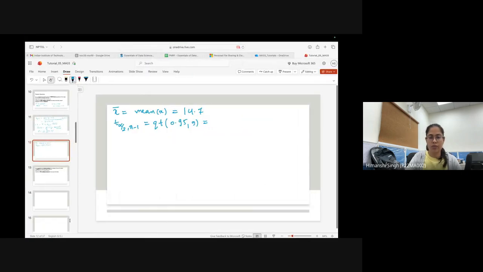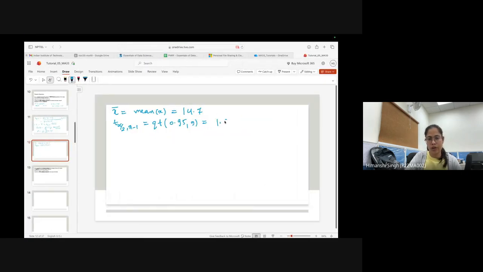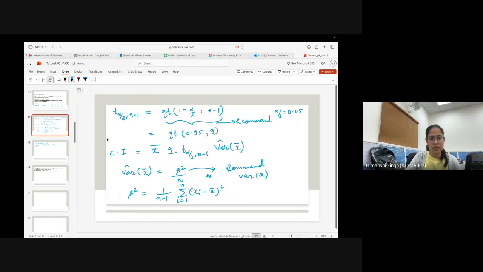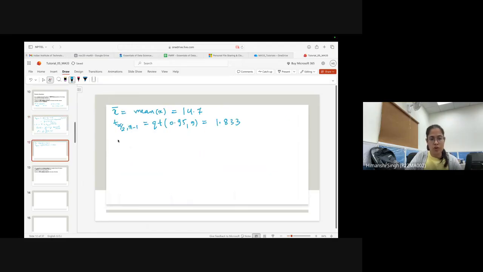So I'll take 1.833 here. Then I have the quantity variance hat of x bar. We need the square root of variance hat of x bar, and variance of x bar is s square by n. First of all, I'll calculate the variance hat of x bar.